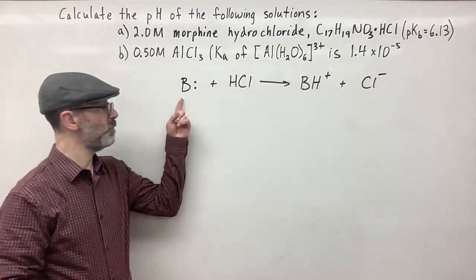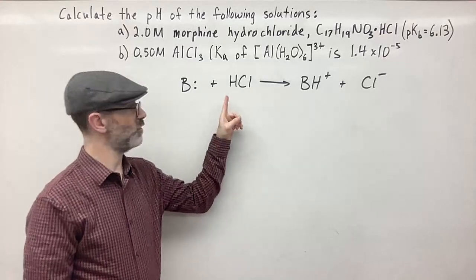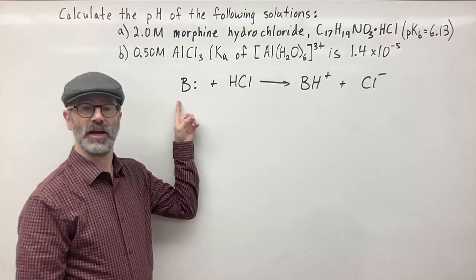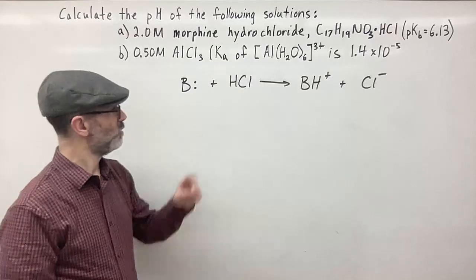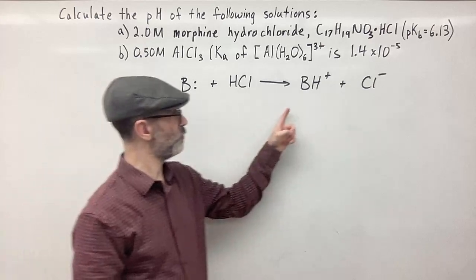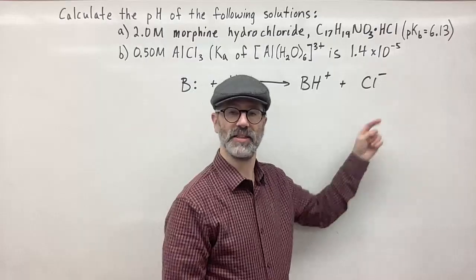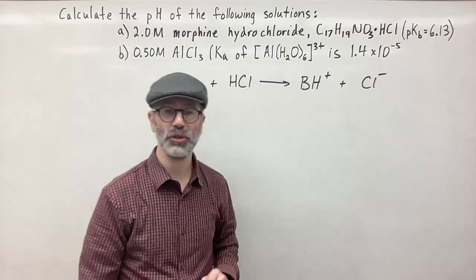So if B is your morphine, then the hydrochloric acid is going to donate H, and it's going to be picked up by the morphine, the weak base here, and it's going to form the conjugate acid plus this anion that is going to be neutral in solution.